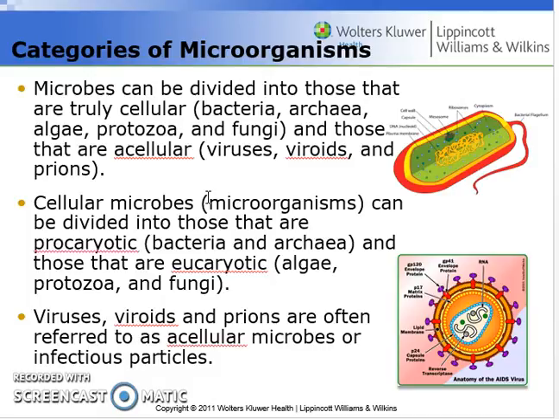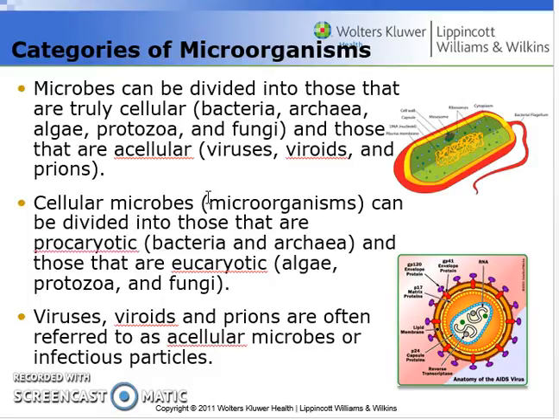And so the types of classifications or groups that we have are microorganisms that belong to groups in which there is a cell component or structure that is definitive of the organism. So if something is truly cellular, then it is going to be put in the cellular classification or cellular category.